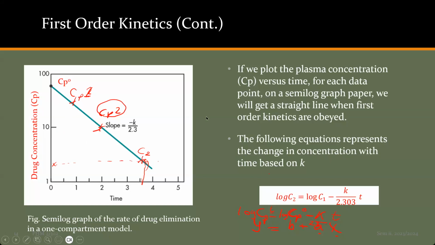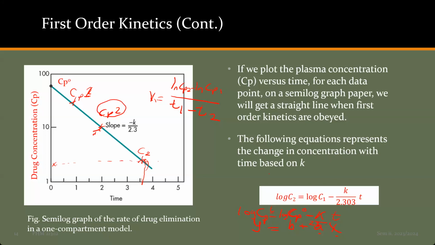Then calculating K is very simple. K equals, using the previous equation, ln CP2 minus ln CP1 divided by, instead of time 2 minus time 1, we make it T1 minus T2.